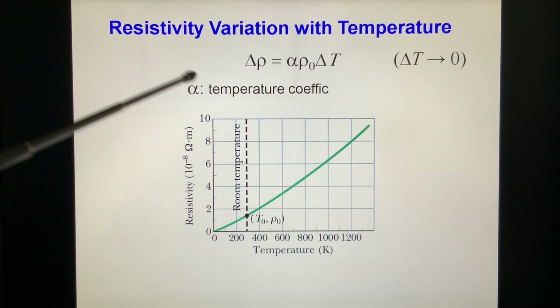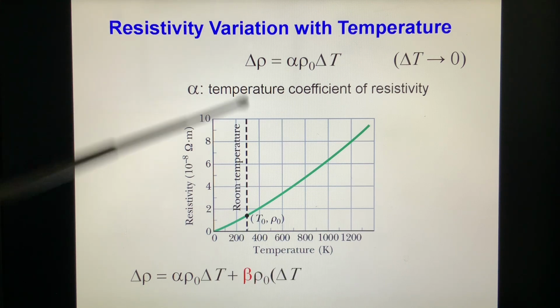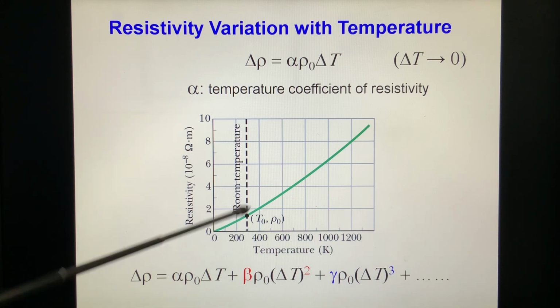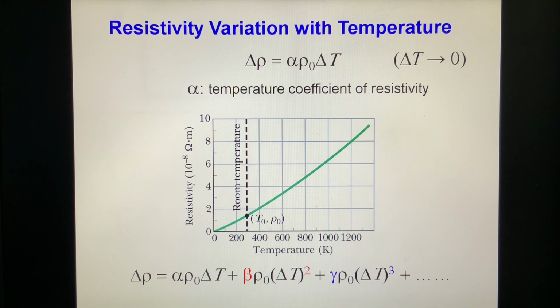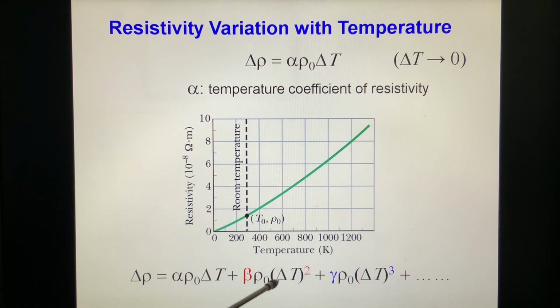This alpha we call the temperature coefficient of resistivity, and it is a function of temperature. It's not actually linear in delta T. To be more accurate, we have second-order terms, delta T squared, delta T cubed, and so on, but these coefficients beta, gamma are very small.